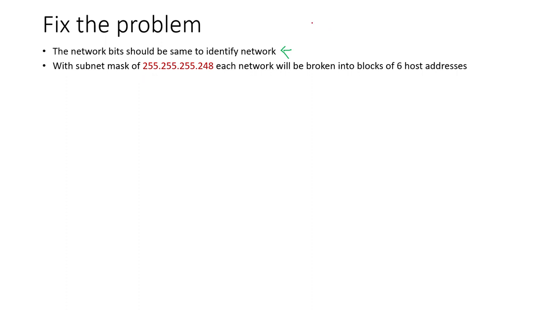As we remember, the total number of bits we have taken from the host is 5, so 2 raised to power 5 means we have 32 networks, and the total number of hosts per network is 2 raised to power 3, because we have 3 bits for the host, and this means we have 8.